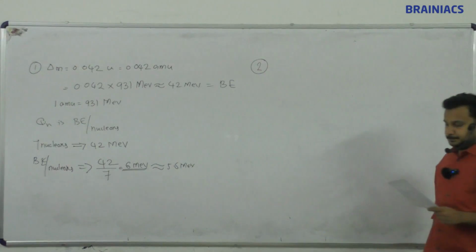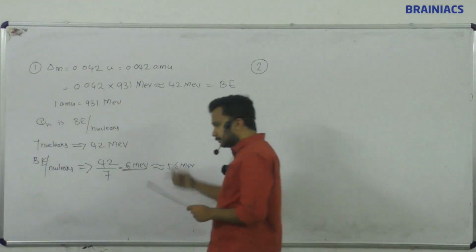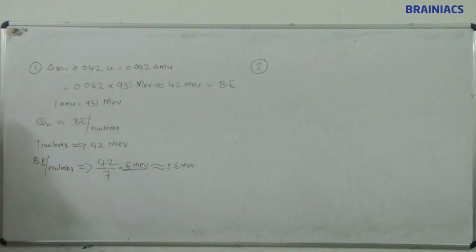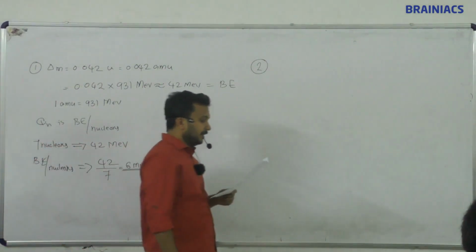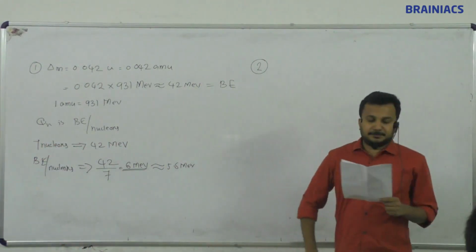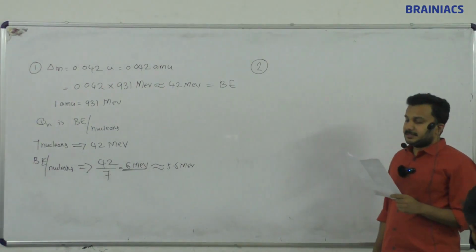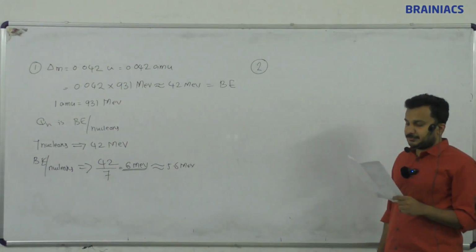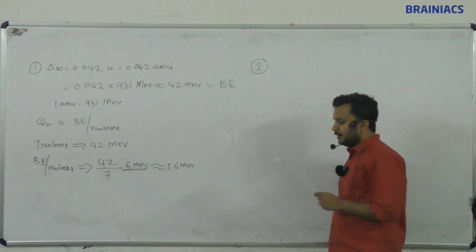Question number 2. In the nuclear decay given below, X with Z and A goes to Y with A and Z plus 1, then to B with A and Z minus 1, then to B with A minus 4 and Z minus 1.